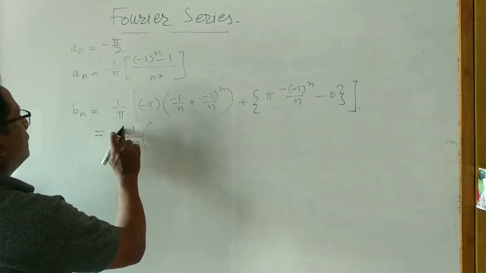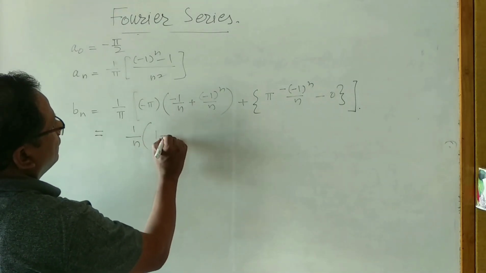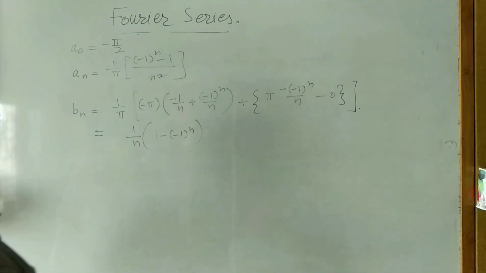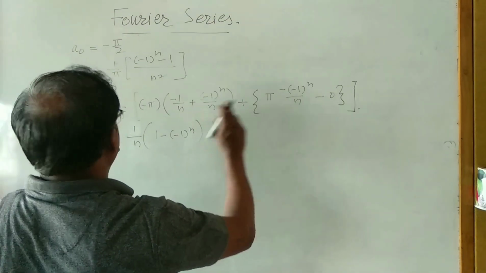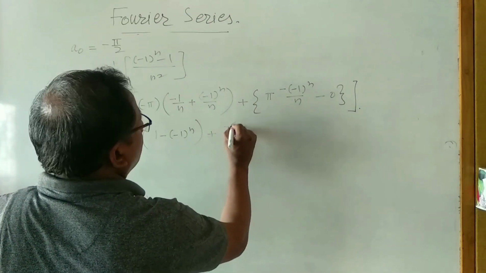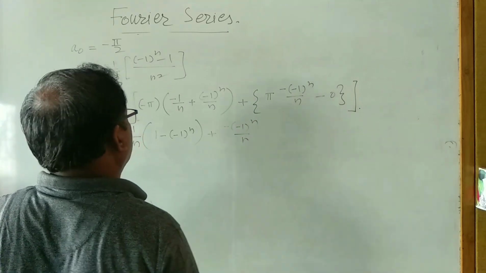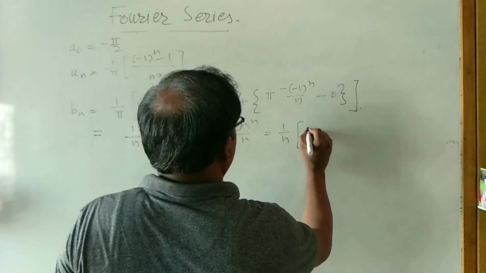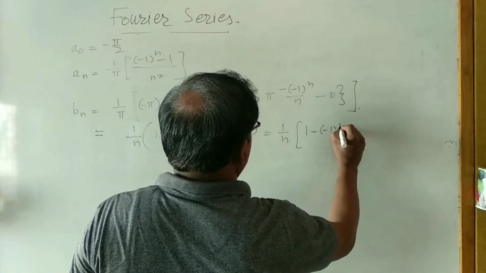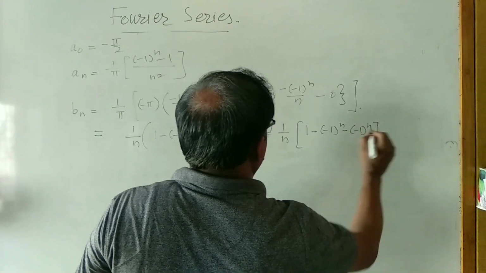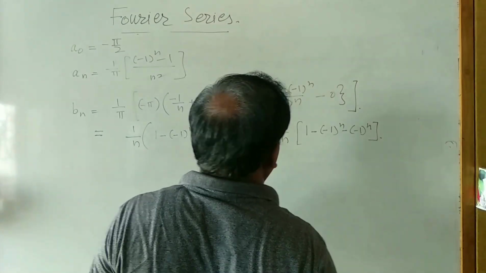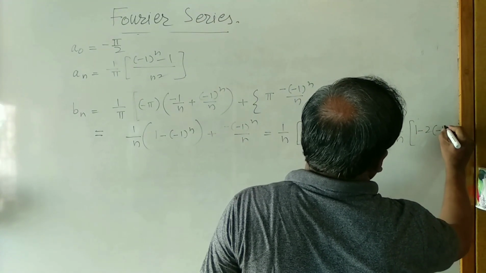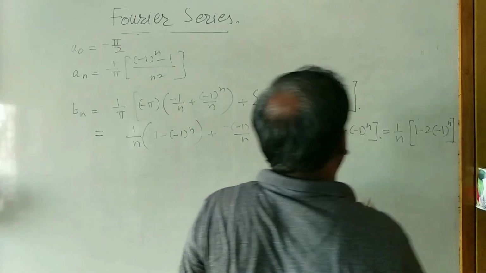Again here if I take minus common, this is 1, so 1 minus 1 raised to n, plus, here pi will get cancelled, and this is minus of minus 1 raised to n upon n. Finally, 1 upon n, the bracket 1 minus 2 times minus 1 raised to n. So this is our bn.